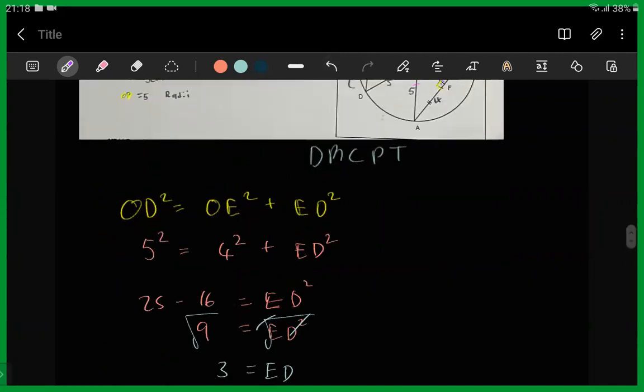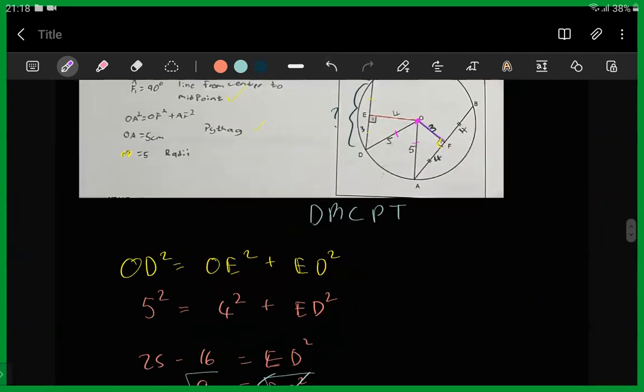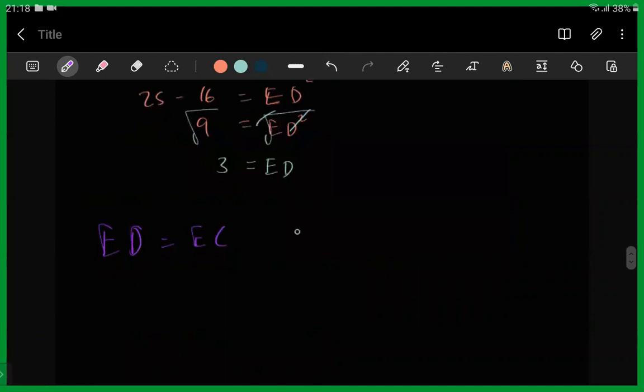And the reason is as this one, line from center to midpoint. Line from center. Can I also write perpendicular from center to chord? Because that's a chord as well. Yeah, so here you can say line from center bisects chord.